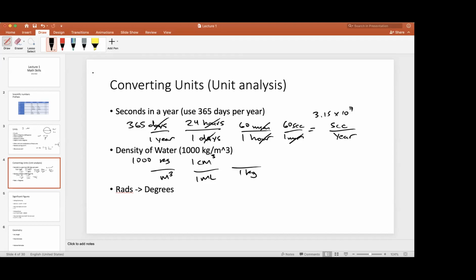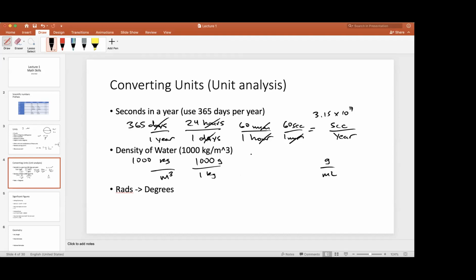Let me go back. I realized I was about to do something dumb. In 1 kilogram, there are 1,000 grams. And remember, we want grams per milliliter.